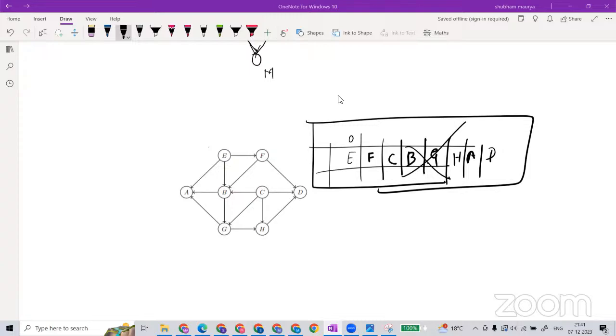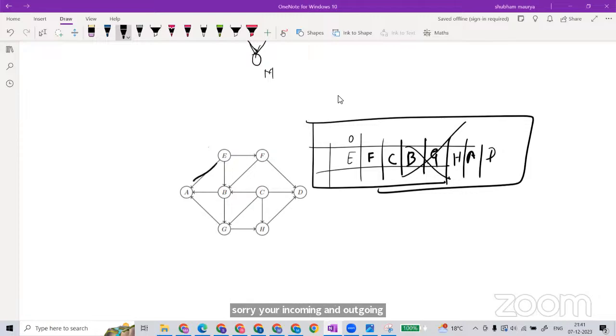So what is a DAG? DAG is a directed acyclic graph. We have a directed graph which doesn't have any cycle. That's the meaning of DAG. And whenever you have a directed graph, you have in degree and out degree, incoming and outgoing edges.